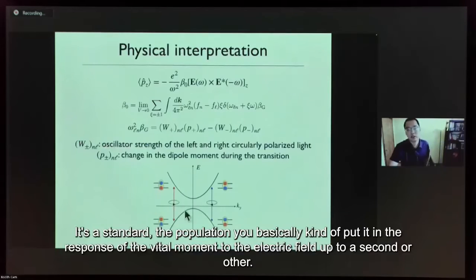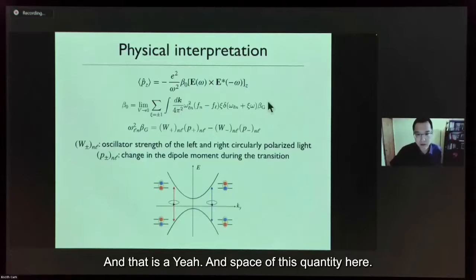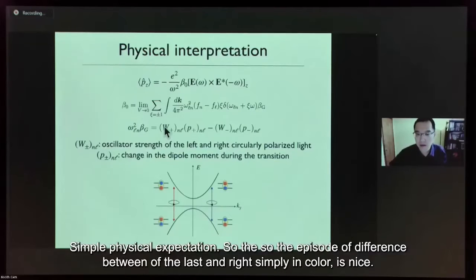And here is what we have found. The coefficient can be written as an integral in momentum space of this quantity here, which has a very simple physical explanation. Omega is the frequency difference between the bands, and W is the strength of the response to left and right circularly polarized light.